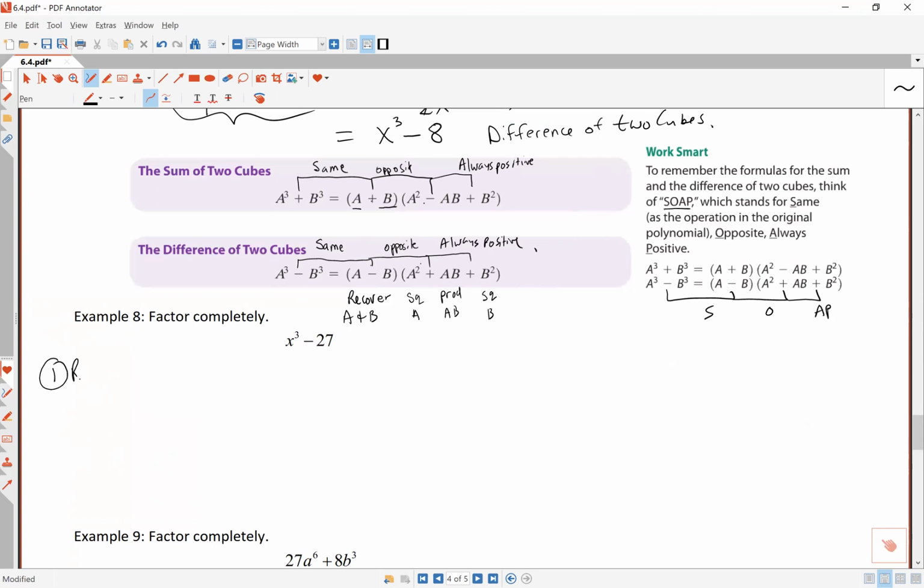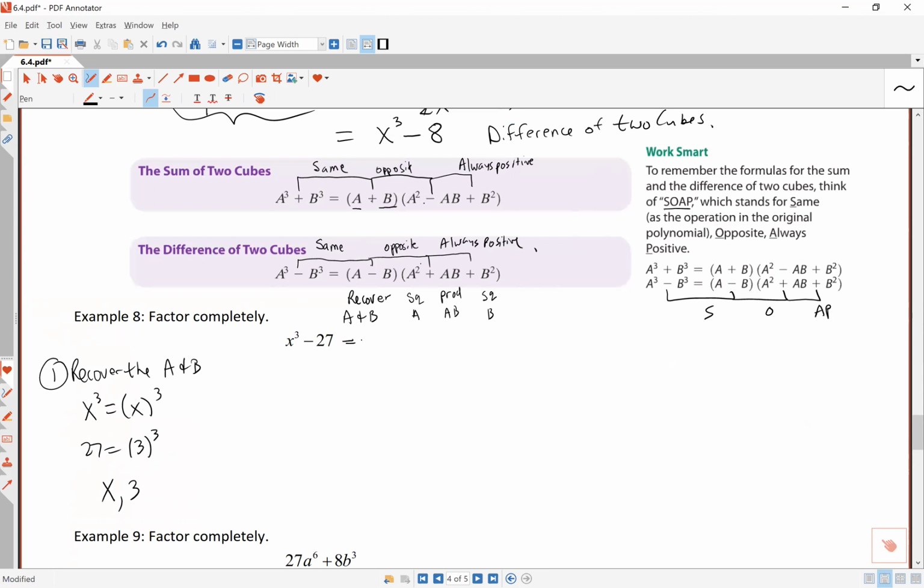Number one, recover the a and the b. We do that by recognizing that the x cubed is the cube of x. The 27 is the cube of 3. So we've recovered our two pieces. They're x and 3.